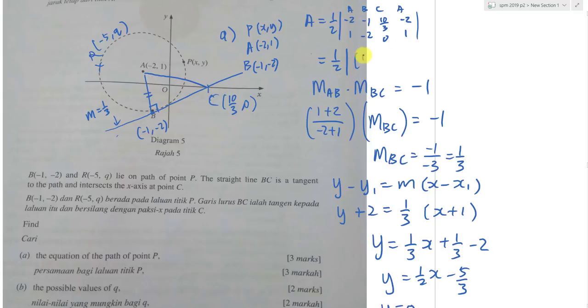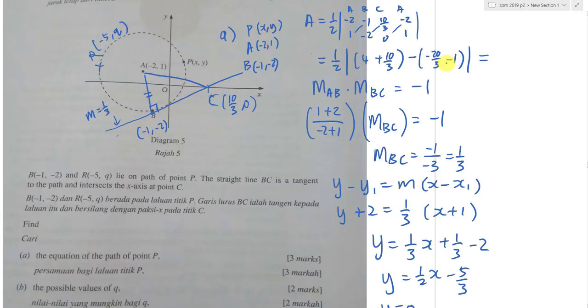So negative 2 times negative 2 is 4. 0 plus 10 over 3. Minus, I multiply the other side like this. So this is 0, I didn't write 0. So this is negative 20 over 3 minus 1. Alright, so by solving this one, I should be able to get some nice number. 4 plus 10 over 3, and then minus.